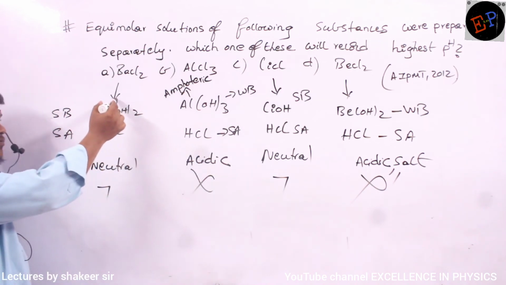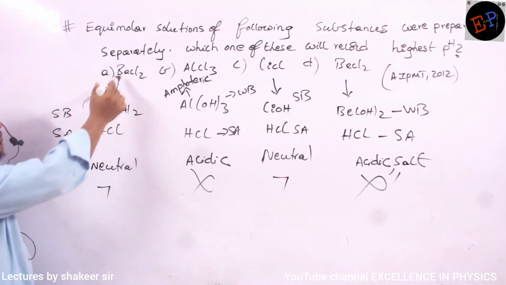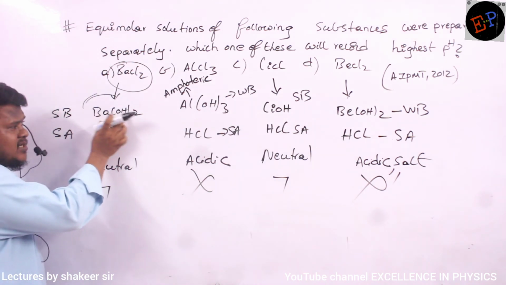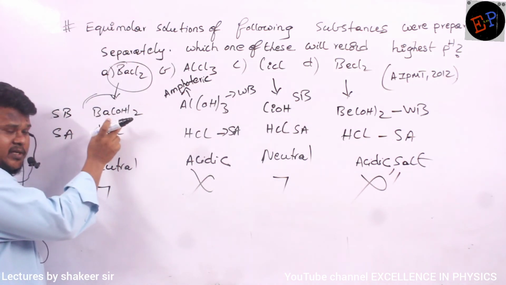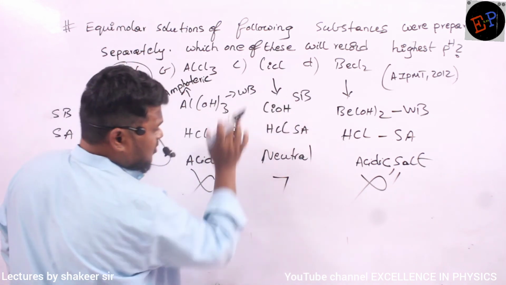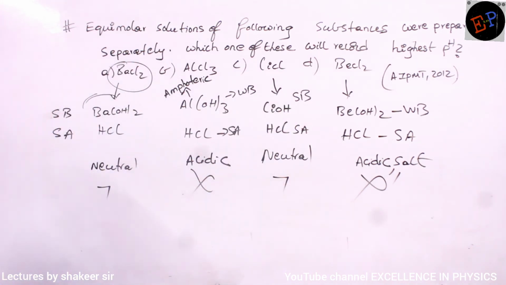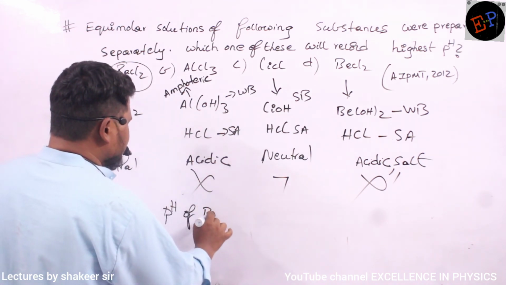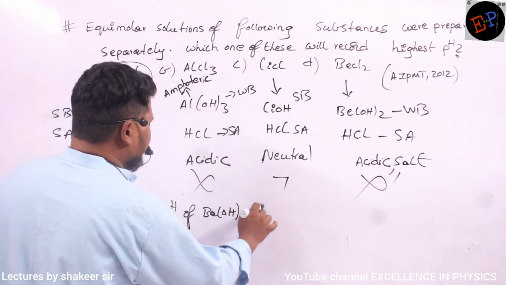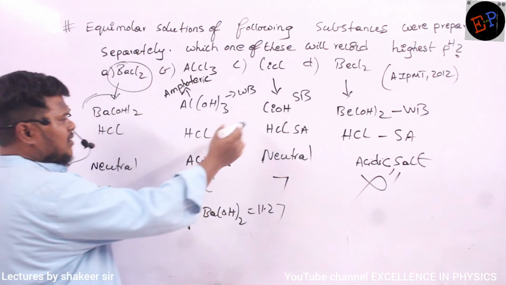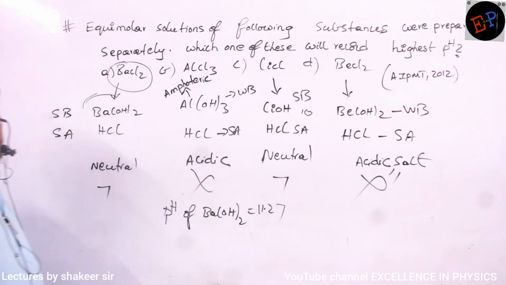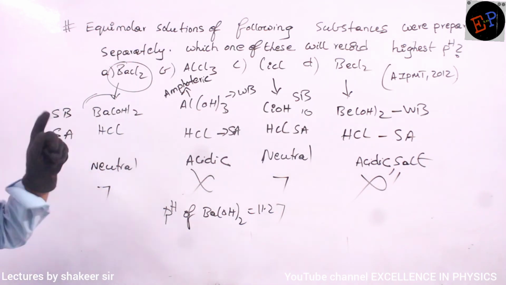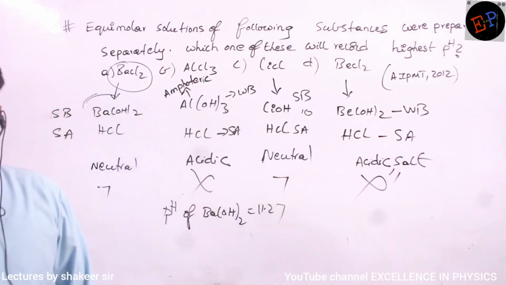BaCl2 is slightly greater than 7, because Ba(OH)2 has a higher pH than LiOH. The pH value of Ba(OH)2 is 11.27, and for LiOH it is only 10. So this is the more basic salt, and this will be my answer.